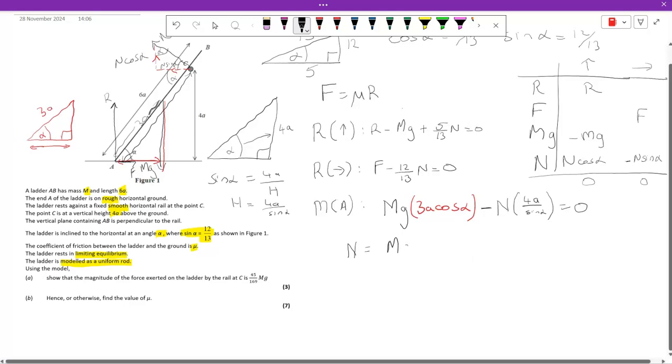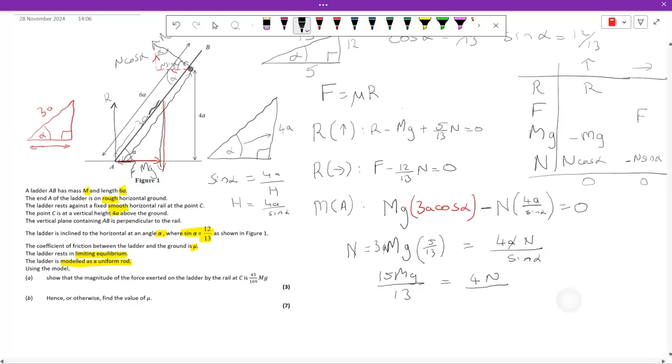So I can say that's mg times 3a cos alpha. Cos alpha was 5 over 13. And that's equal to 4a N over sine alpha. I can cancel the a's, so that's good. Now I've got 15 mg over 13, and that's equal to 4N over sine alpha, and sine alpha we know is 12 over 13.